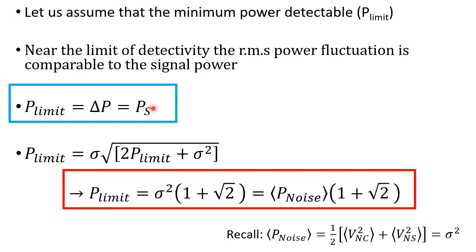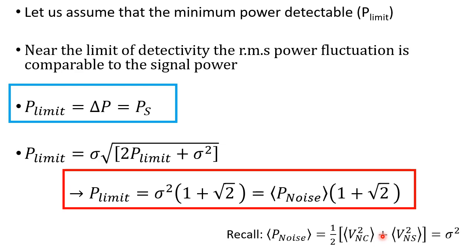This is a factor that comes out naturally if I claim that the minimum signal one can detect is equal to the RMS fluctuation itself. So what it is basically telling me is that the limit of detection is basically noise times 1 plus square root 2. So that is my power level associated with my signal.